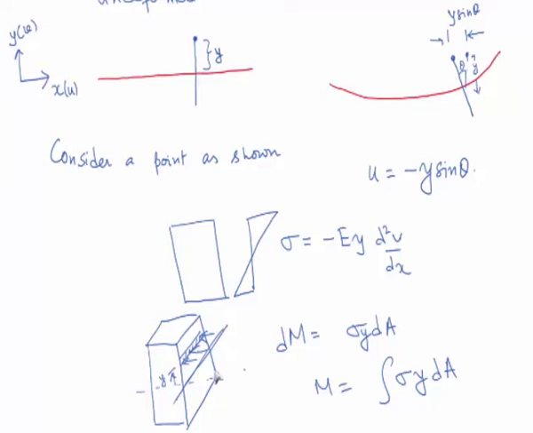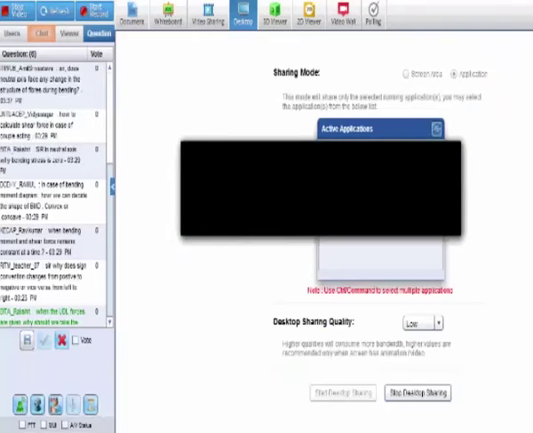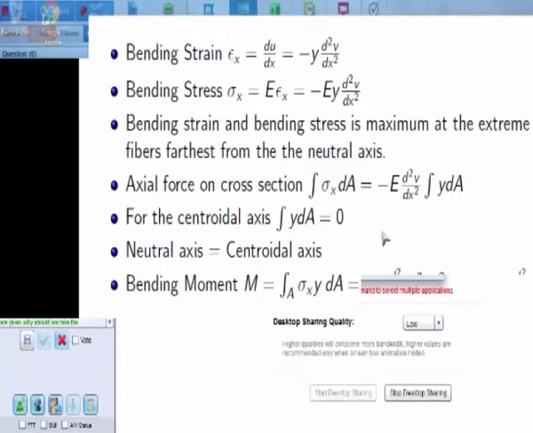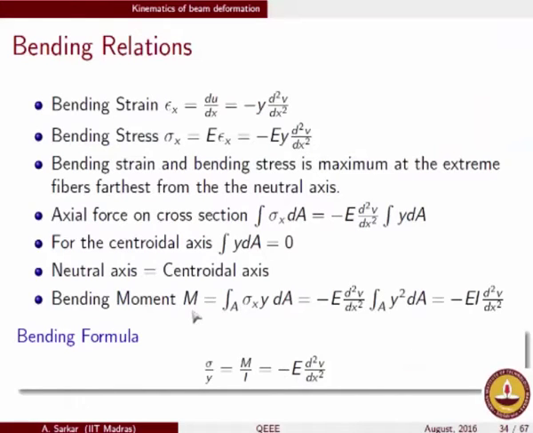So if you have to calculate I, the I is the integral of y square dA, and if I take a side view of it, this is the axis over which I want to calculate the integral. So with that I get my bending moment as M equals minus EI d2v dx2.